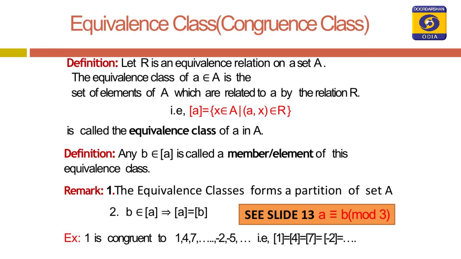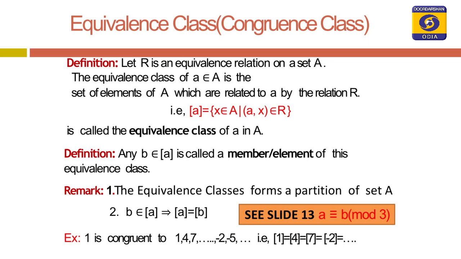This collection of sets Ai is a partition if each Ai is non-empty, the intersection of any 2 Ai is phi, that is, they are disjoint, and the union of the Ai is equal to the whole set A or S, whatever you can take.